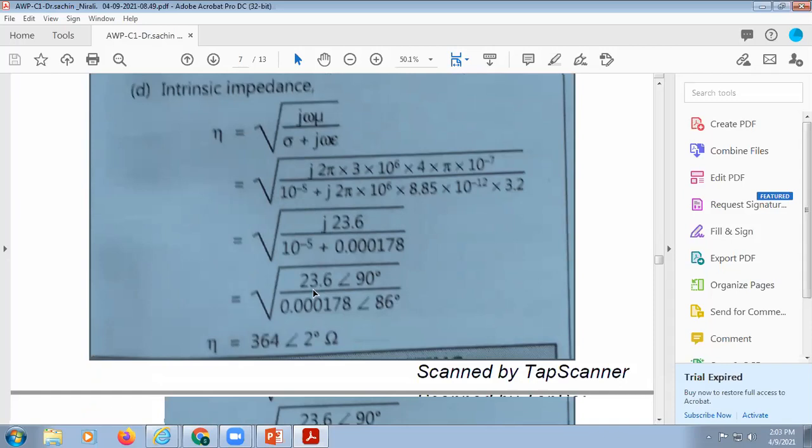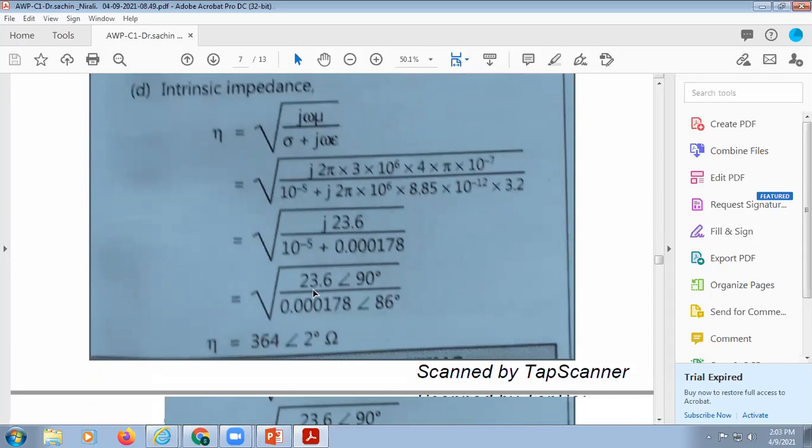Next is the intrinsic impedance eta for the loss tangent. There will be a different formula. Eta is equal to root of j omega mu divided by conductivity plus j omega epsilon.